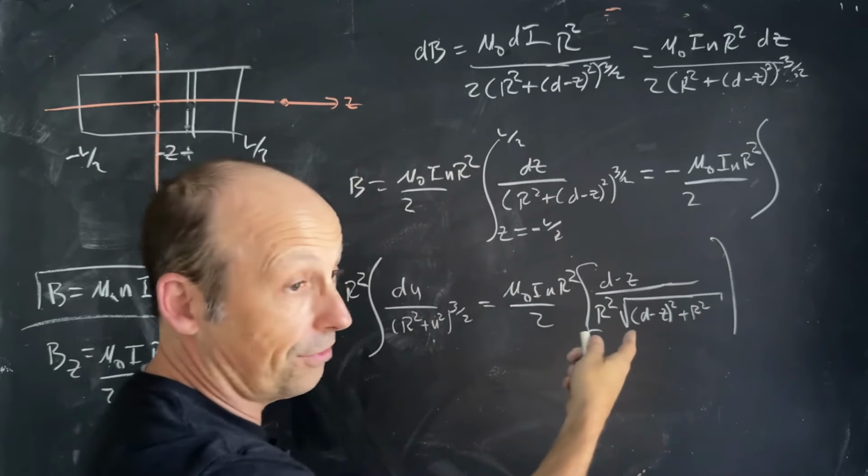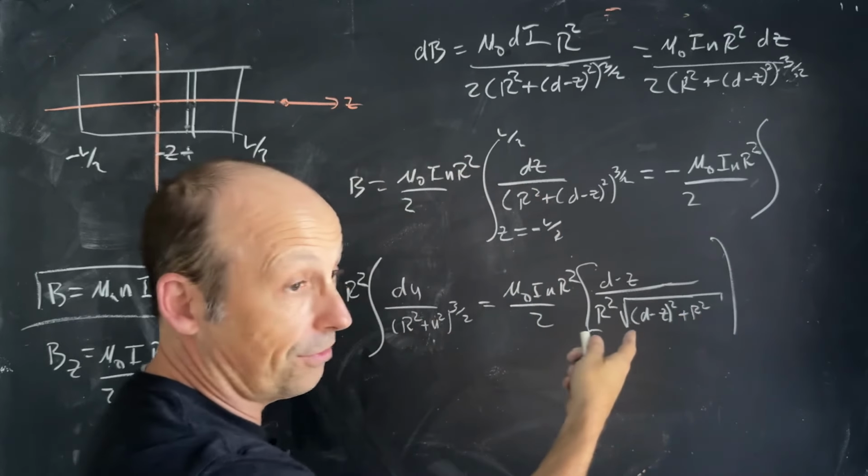Notice right away that I can cancel that. That's an n, not a mu. So now I get B equals mu naught I n over 2. I'm going to put in L over 2. So I get d minus L over 2 over the square root of d minus L over 2 squared plus r squared.